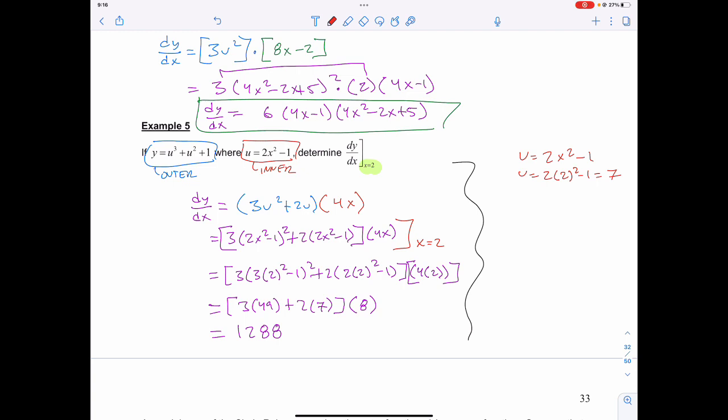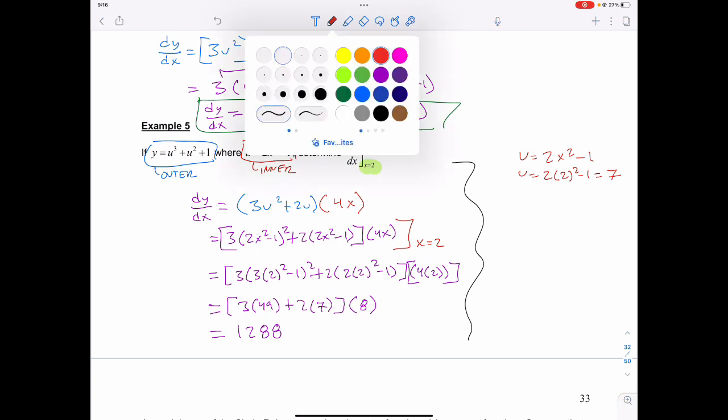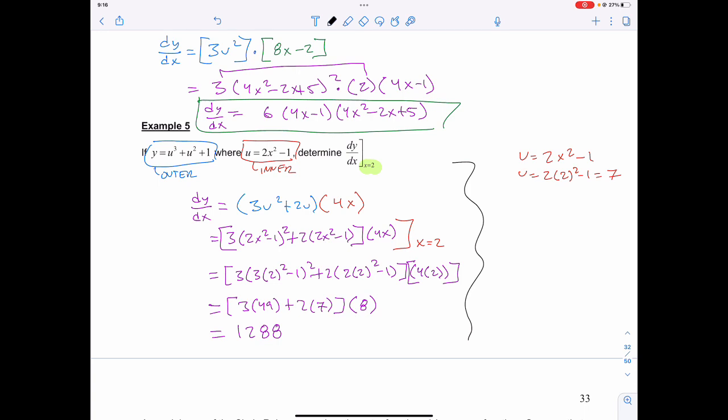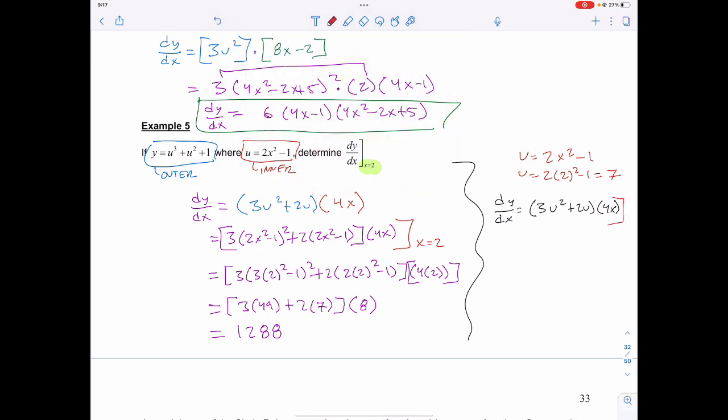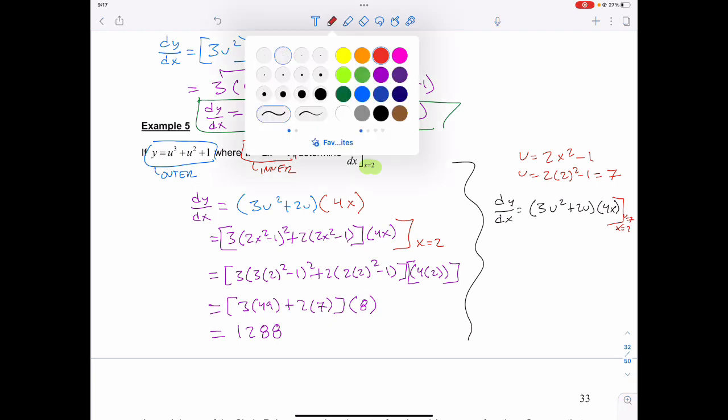So once we do the first step, where we said that dy over dx is equal to 3 times u squared plus 2 times u times 4 times x, then this is occurring where x is equal to 2 and u is equal to 7, which we just solved, which means that we can just sub that in.